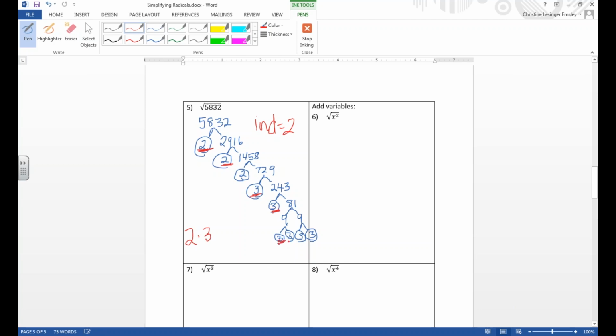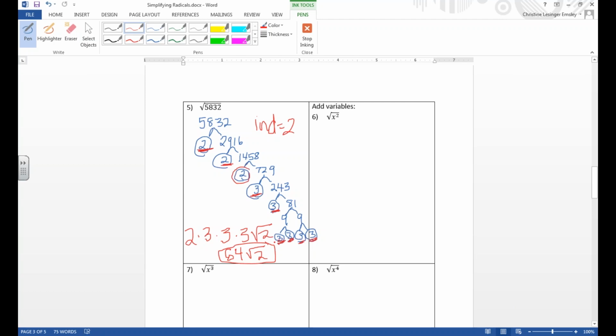But we've got another pair of 3s, so another 3 comes out, and another pair of 3s, so that 3 comes out. What's left inside is just this little 2 right here. Again, simplify those. 2 times 3 times 3 times 3 is 54. Sorry, that's a little sloppy. 54 times the square root of 2 is our simplified answer.